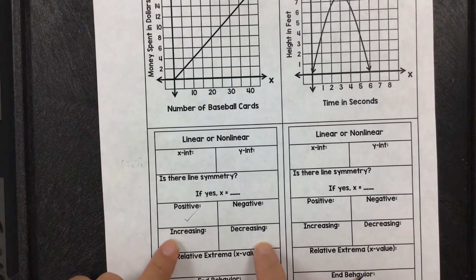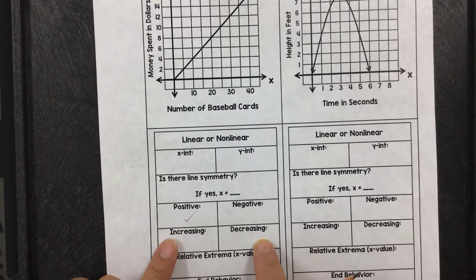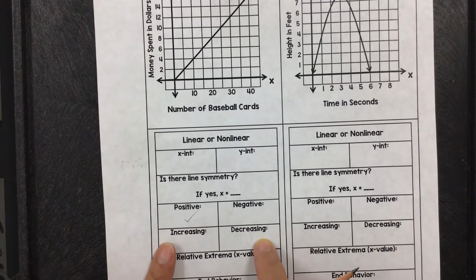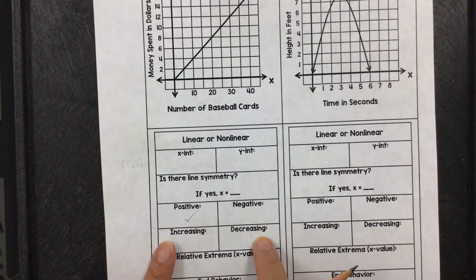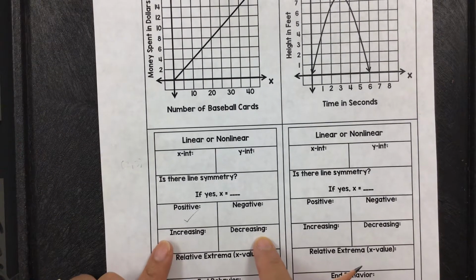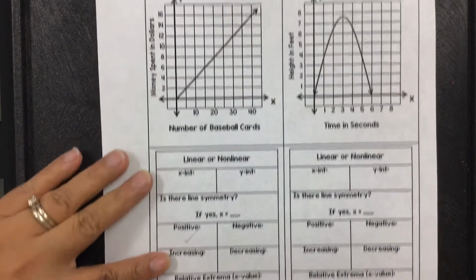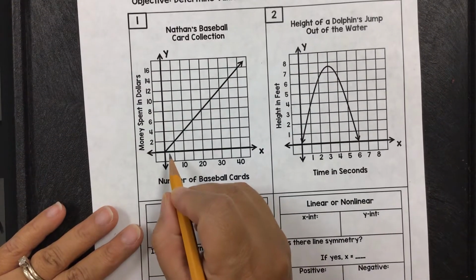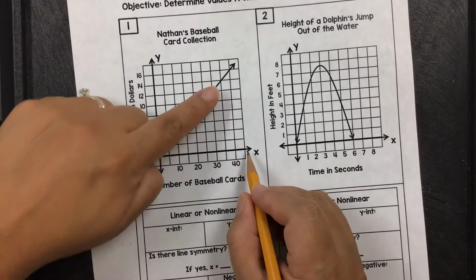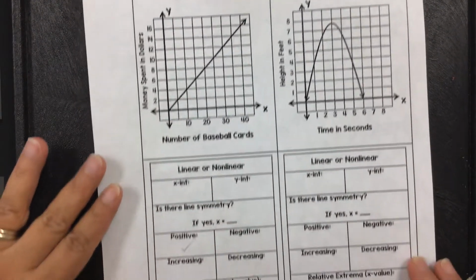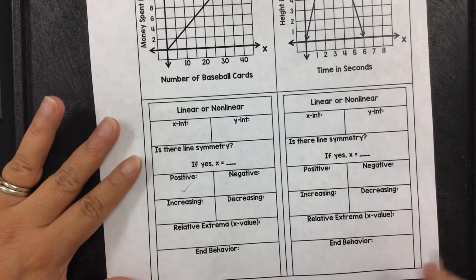This part is where we probably need the most clarification. I told you how to indicate where something is increasing or decreasing, but I didn't tell you how to give me the answer. How you give me this answer is that this function is increasing from 0 all the way, and it keeps going and going in the positive infinity direction. How we write the answer is this way.